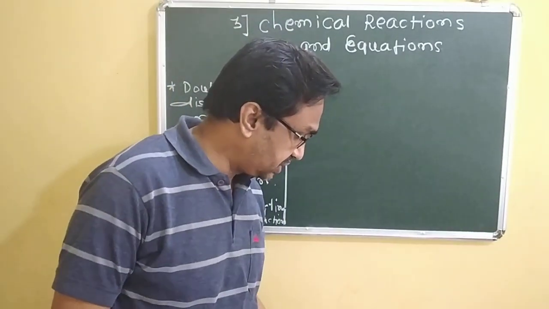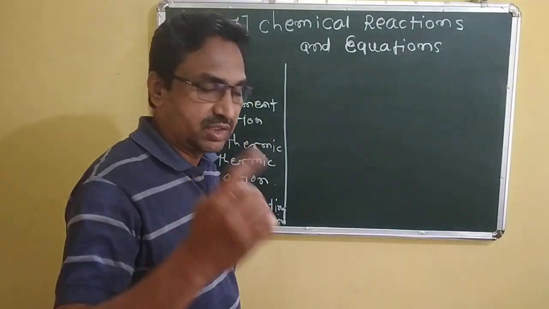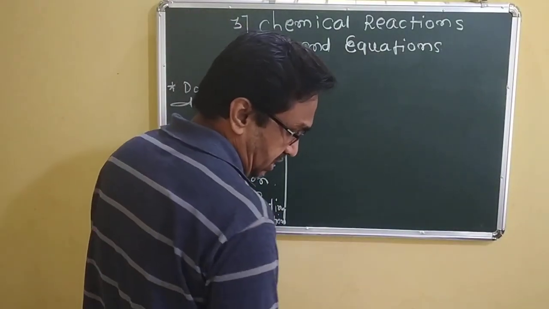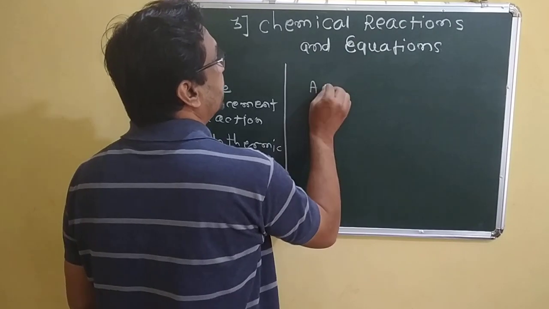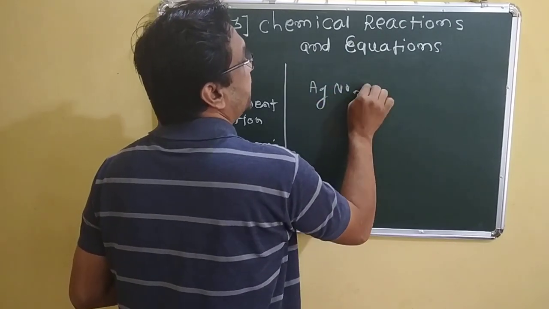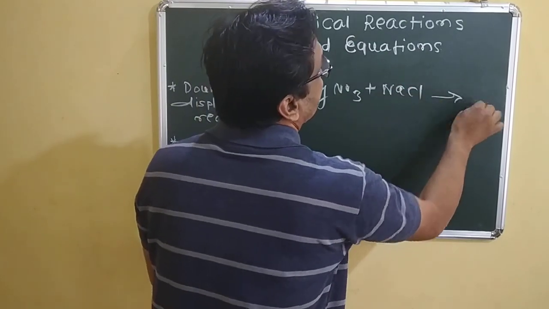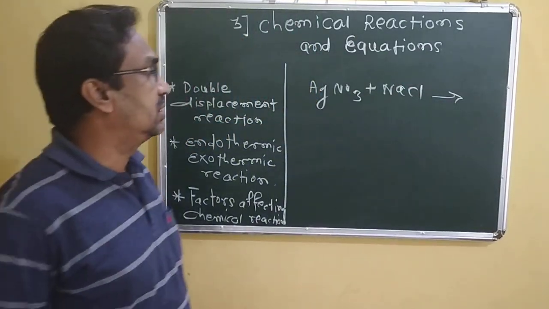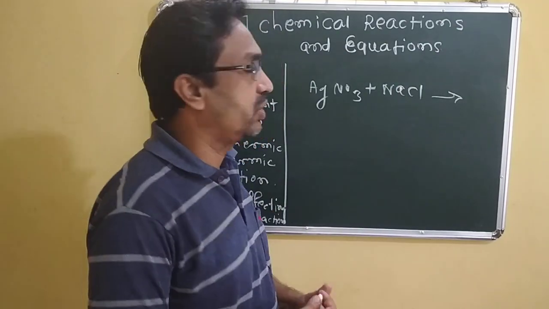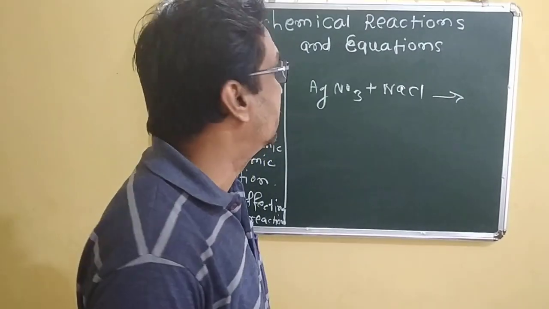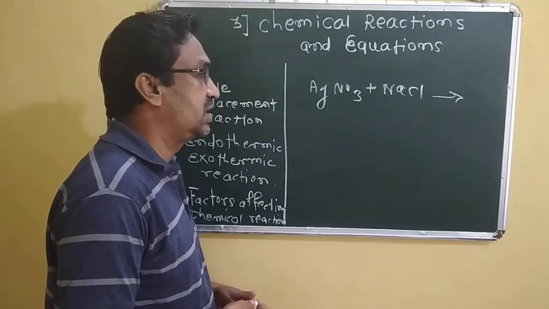We have taken 2 examples. The first one is the reaction between AgNO3, that is silver nitrate, and sodium chloride, the common salt which we use in everyday life in our kitchen.